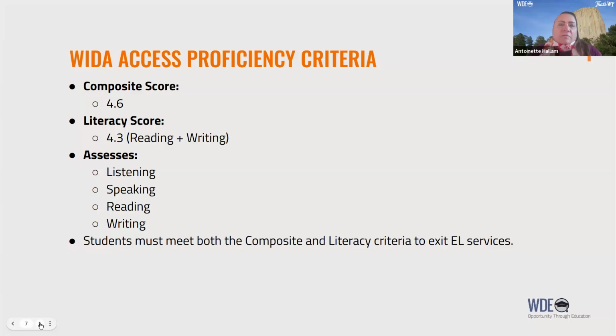Access measures students' proficiency across these English language domains, and students must meet both requirements to exit EL services, demonstrating that they are ready to succeed in education classes without additional language support.